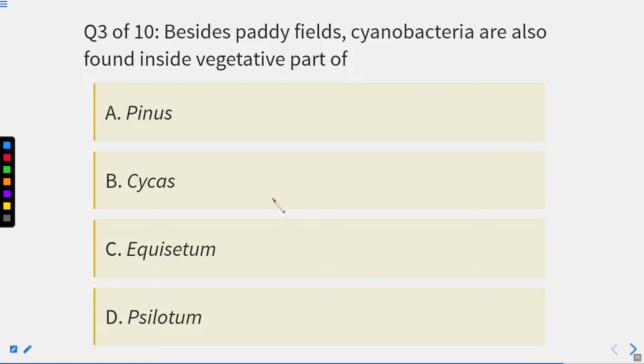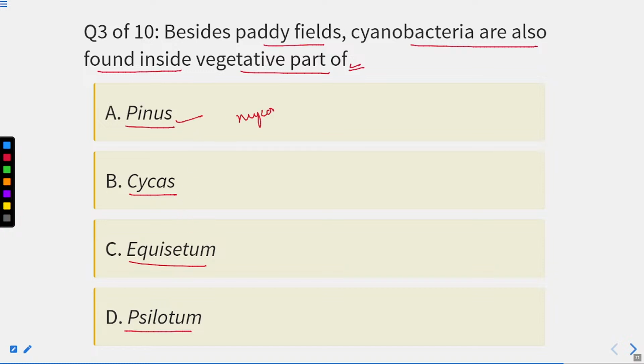Third question. Besides paddy fields, cyanobacteria are also found inside the vegetative part of Pinus, Cycas, Equisetum, Salvinia. So in Pinus, mycorrhizal association is there, that is with the help of fungi. In Cycas, coralloid root is there, and inside coralloid root what is present?